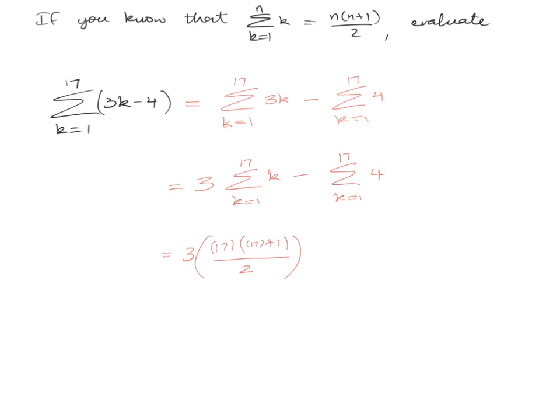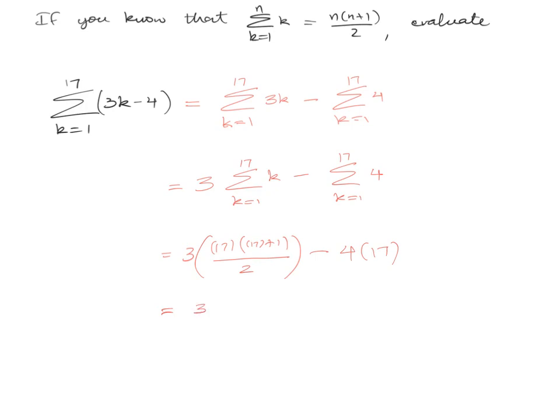And then minus, and now the formula for this, when you have k equals 1 to 17 of just a number, since there are 17 terms in here, it's going to be 4 times 17. So 4 times 17 is the formula from the previous slide. And now all I've got to do is calculate each of these.